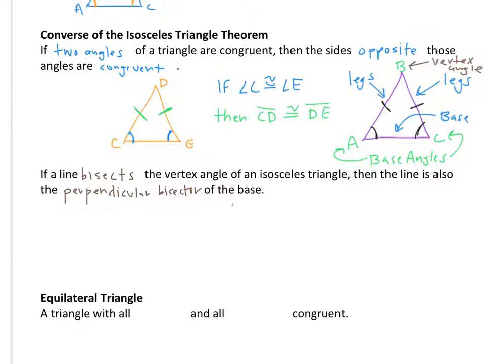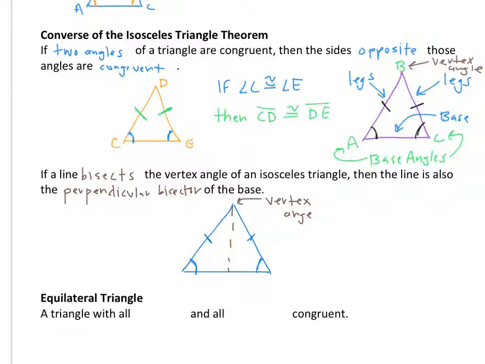So again, if we have an isosceles triangle, our base angles and legs are congruent, so there's our isosceles triangle. If a line, we'll draw a dashed line here, bisects the vertex, remember this top angle here is our vertex angle.